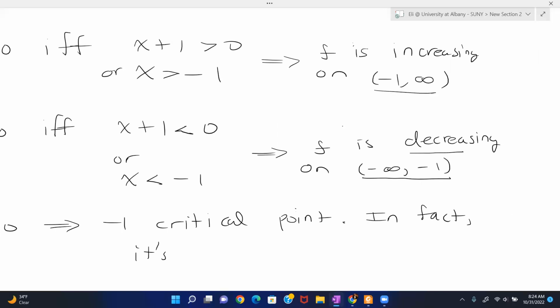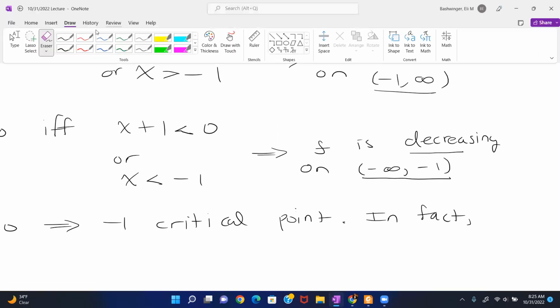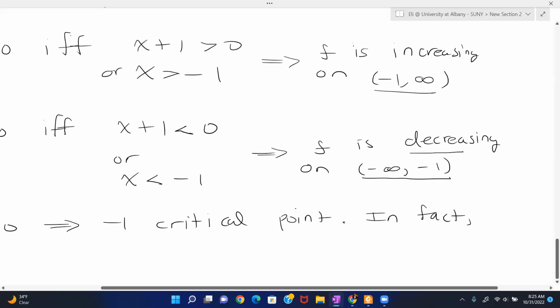So that means it corresponds to a minimum. Maybe that's a better way to say it. I mean, that's not the minimum value itself. You have to plug the critical point into the function to get the minimum value. But we can say it corresponds to a minimum.